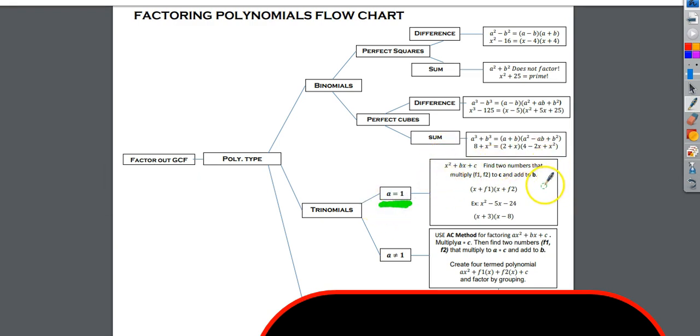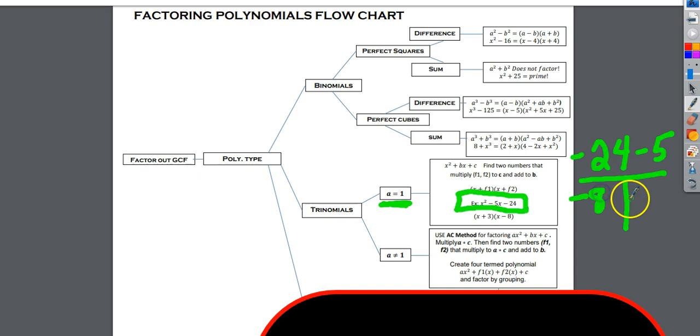And if it is 1, then you see, okay, self, what multiplies to the last number and adds to the middle? So here is our example. So what multiplies to a negative 24 and adds to a negative 5? And those two factors are negative 8 and 3. So all you have to do is break those up and put those factors like so.